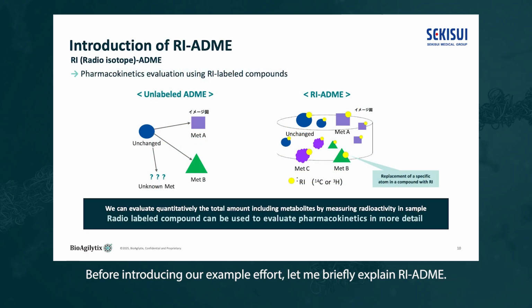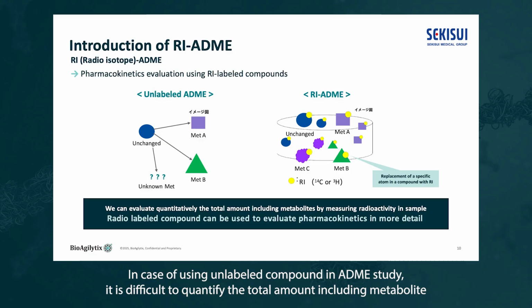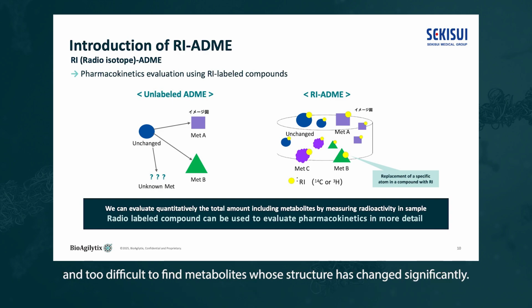Before introducing our example effort, let me briefly explain ADME. ADME is a method of pharmacokinetic evaluation using radioisotope labeling compounds. In case of using unlabeled compound in ADME study, it is difficult to quantify the total amount including metabolites, and too difficult to find metabolites whose structure has changed significantly.